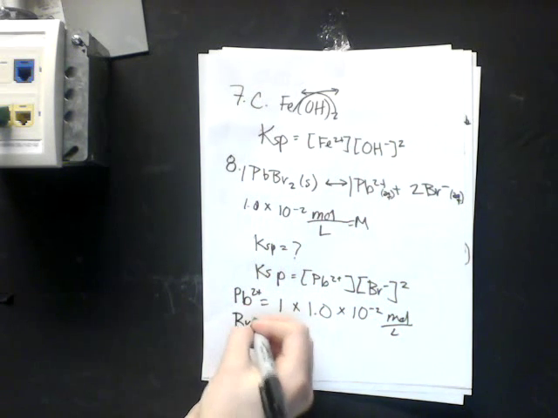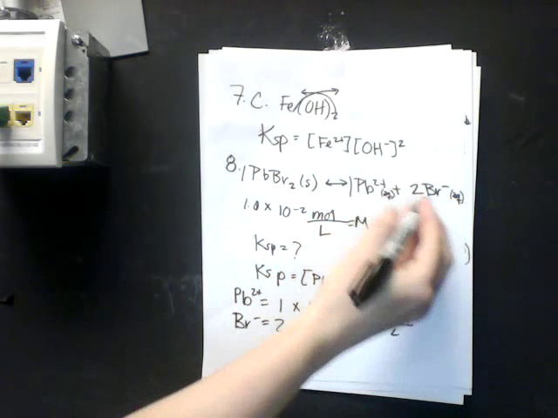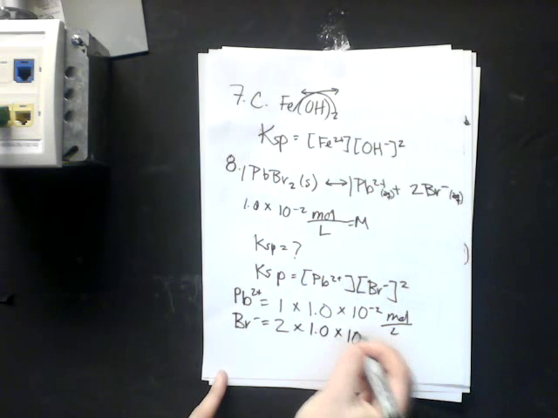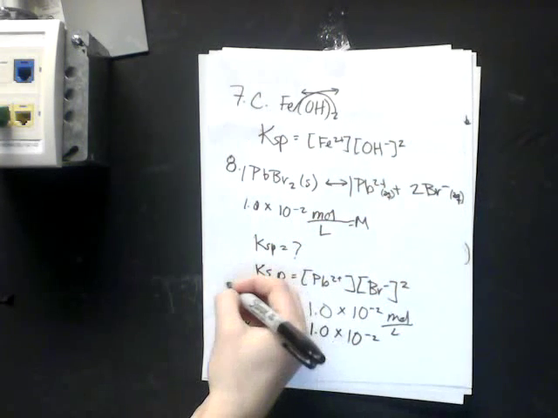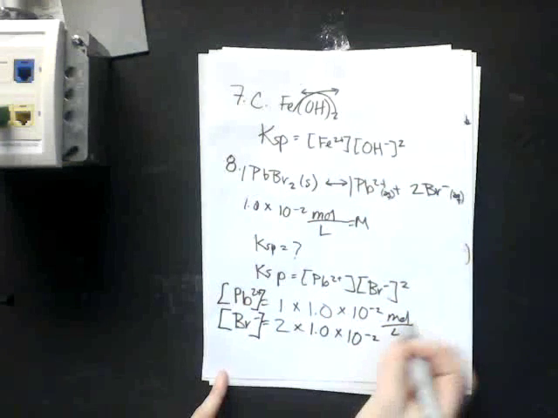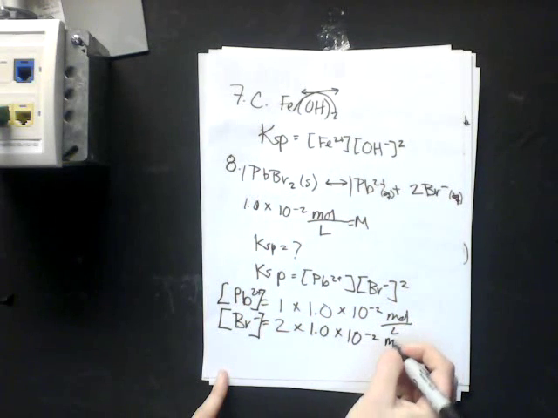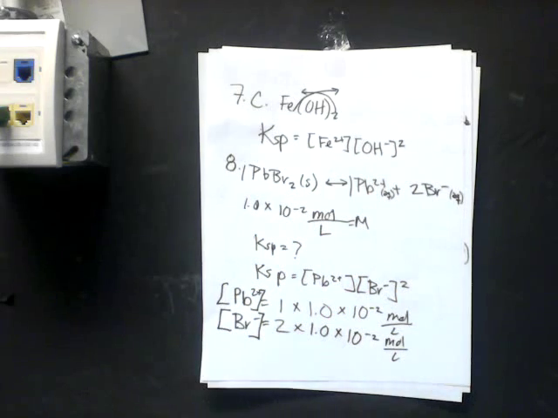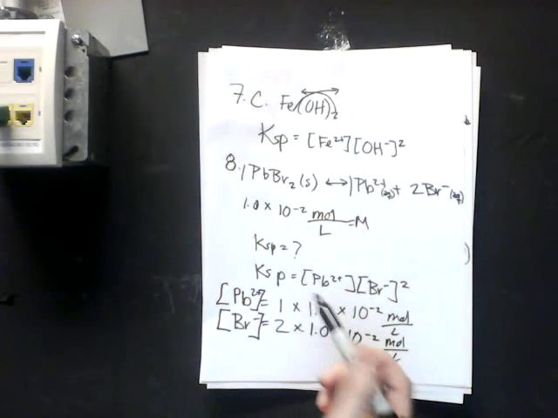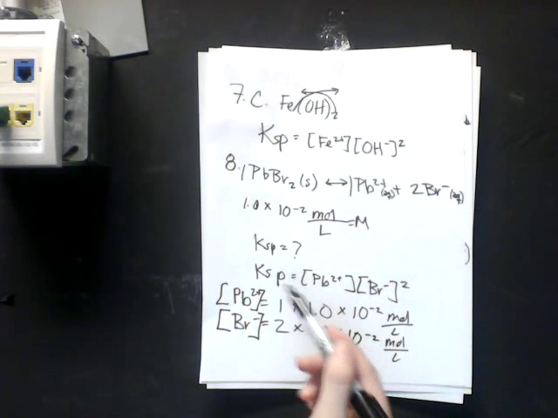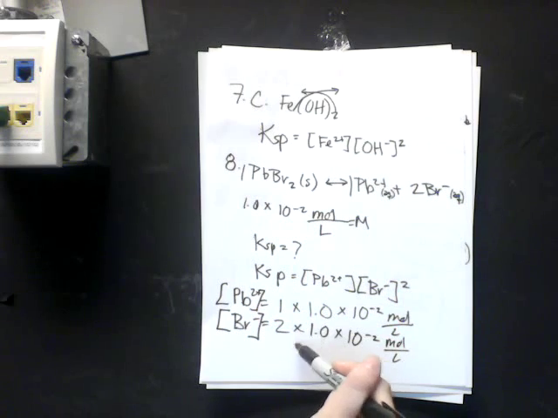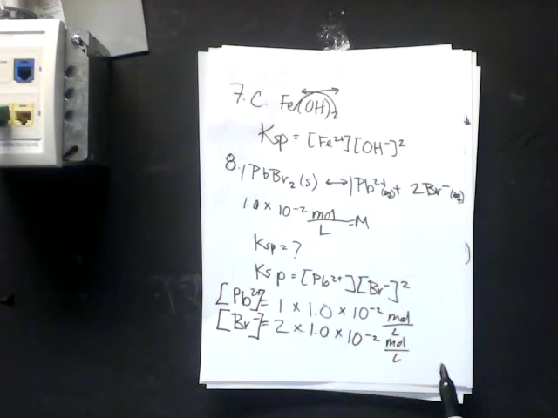Br, since it has a 2 in this problem, is 2 times that value. So that's how, from a molar solubility value, you will find both the concentration of Pb and the concentration of Br. It's 2 times that molar solubility.